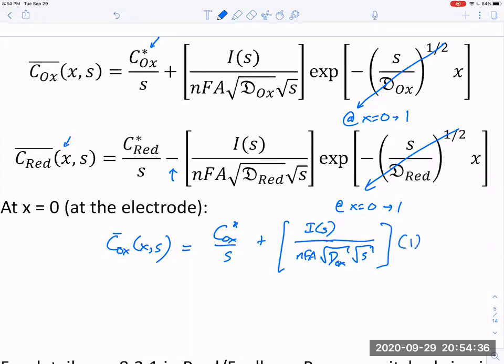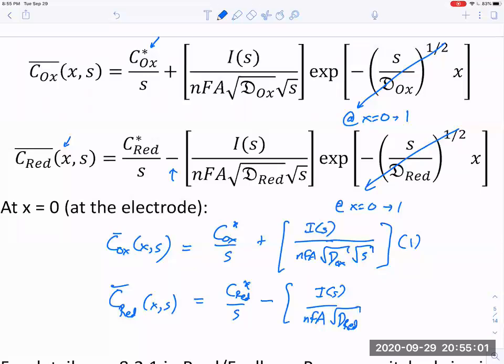Then we have a similar one for the reduced species: C-red bar at x equals 0 equals the bulk reduced species concentration, the same as the initial concentration, minus I of s over NFA, the diffusion coefficient for the reduced species, square root of s.